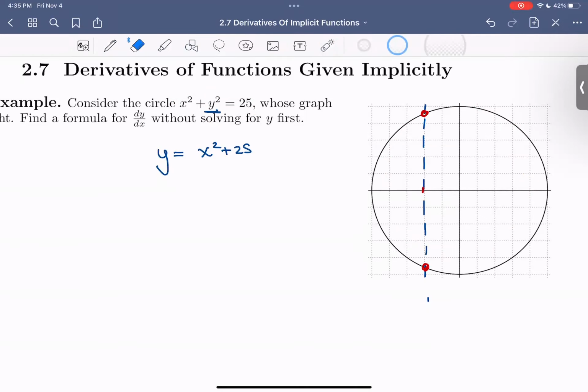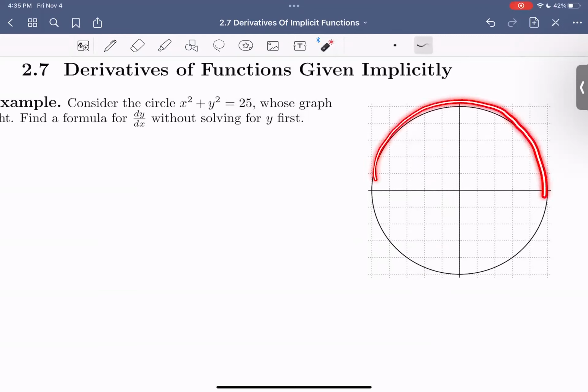When we're dealing with an equation like the one given here, we can see this graph as being two functions of x put together. We have one function on this upper hemisphere, the positive values of y, and then the negative values of y.